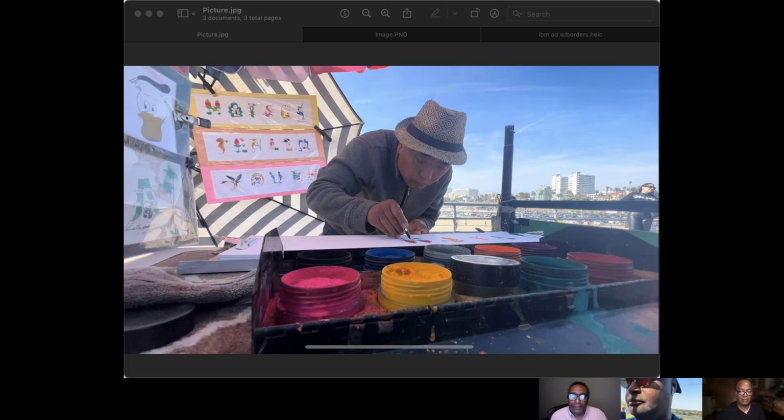Well, I like this photograph a lot. I'm a little distracted by the person on the right. I don't think they add to the image, but other than that, I think the rest of it's really nice. Yeah, I thought about cropping her out, but that was part of the boardwalk experience.